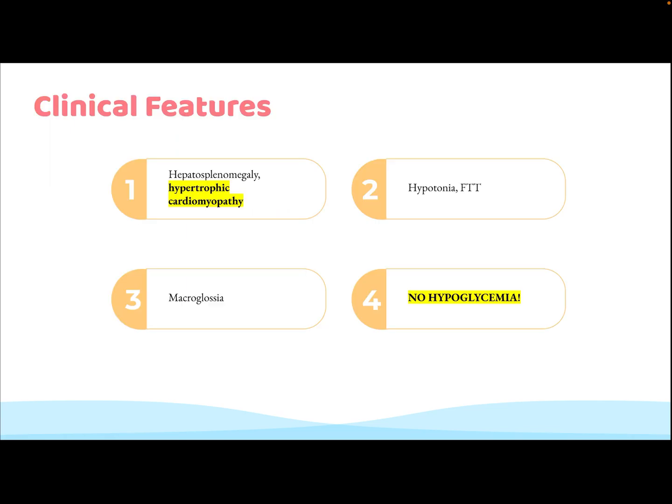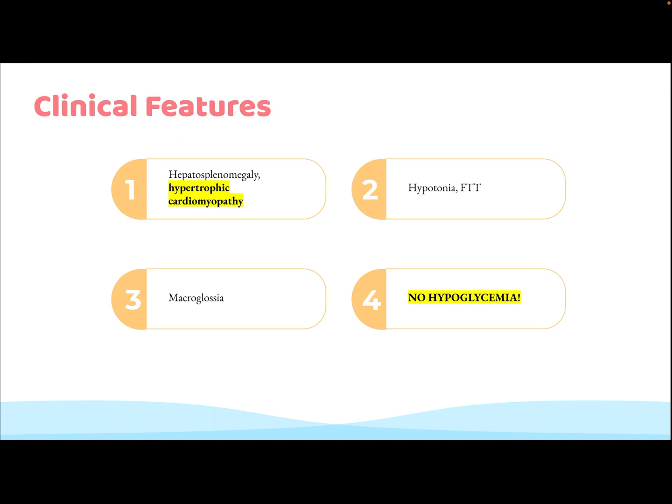فدائما لما نتكلم عن storage disease في features كذا مميزة. لما نتعامل مع glycogen storage disease, remember they can have hepatomegaly. So the patients اللي يكون عندهم Pompe disease, they will have hepatosplenomegaly, they will have hypertrophic cardiomyopathy.